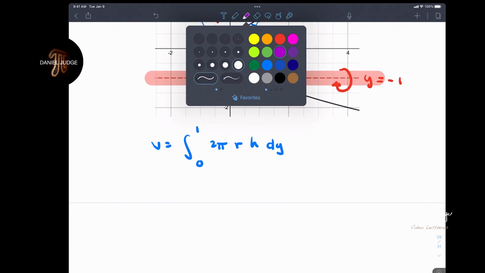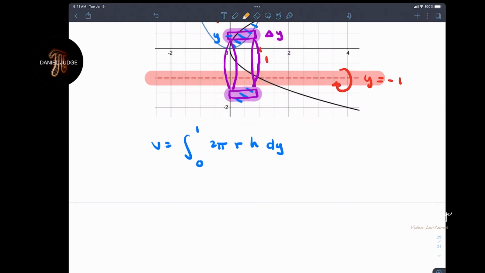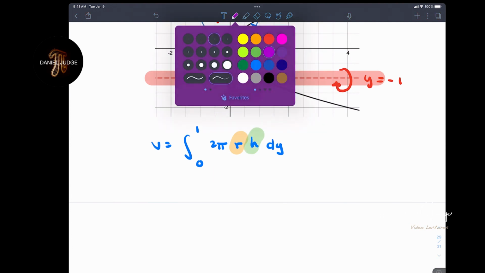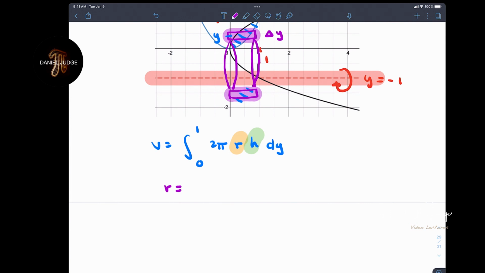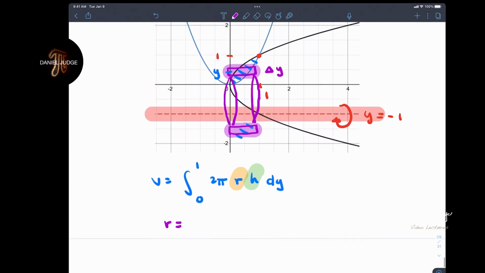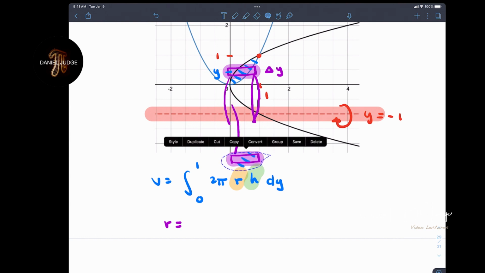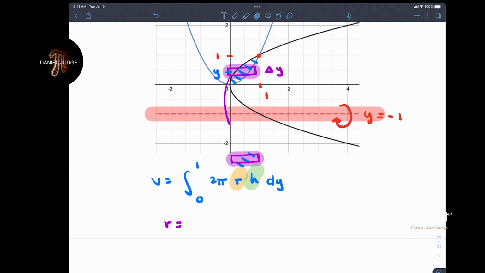So remember, we're going to need a radius and we're going to need a height, like we've been getting. So my radius value now, if we look at the radius here for the cylindrical shell, and in all honesty, I really don't like my picture. My picture looks more realistic if I bring it way out here, by the way. And I'll share with you why. Something more like this.